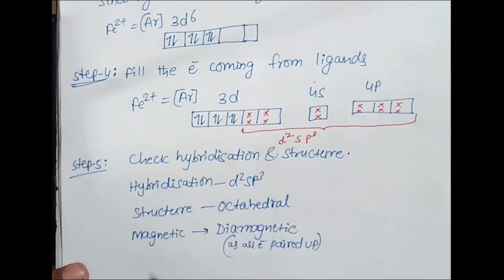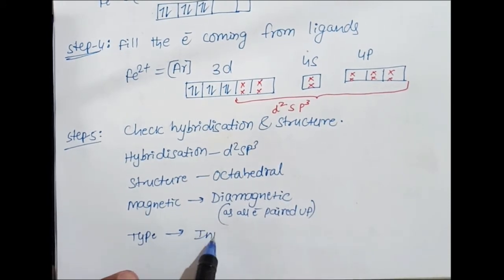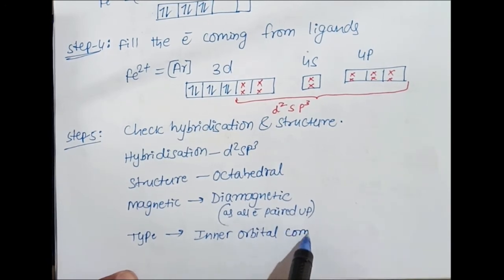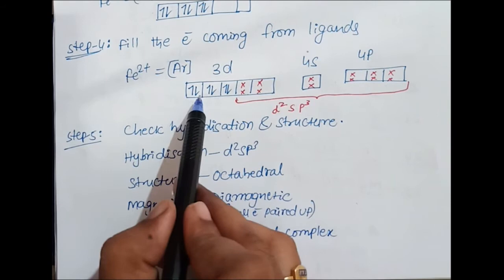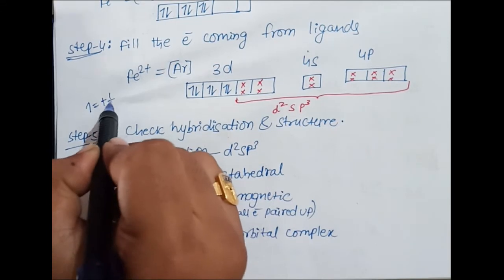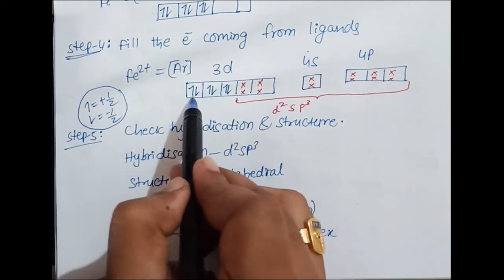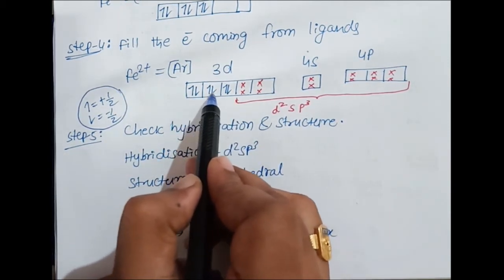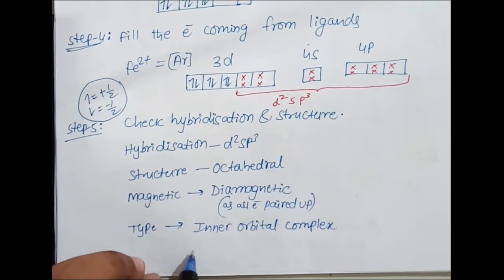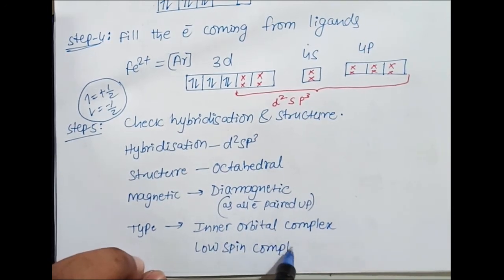Inner shell electrons are used, therefore the type of compound is called an inner orbital complex. And here the electrons are paired, so spin is decreased because this electron spin is plus half, this electron spin is minus half. So as electrons are pairing, plus half minus half cancel, plus half minus half cancel, plus half minus half cancel. So spin is very less, that's why it is called a low spin complex.